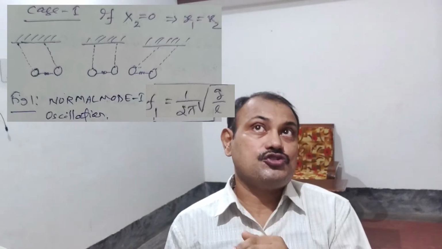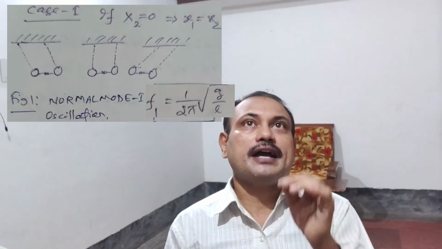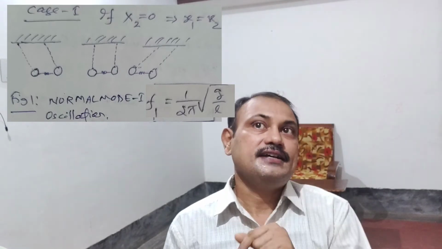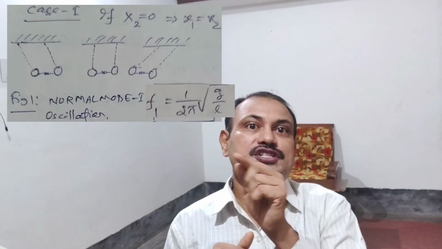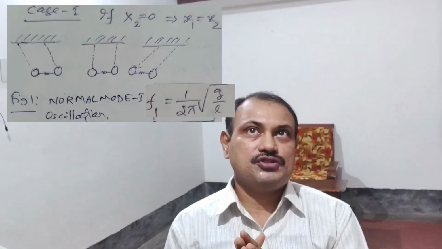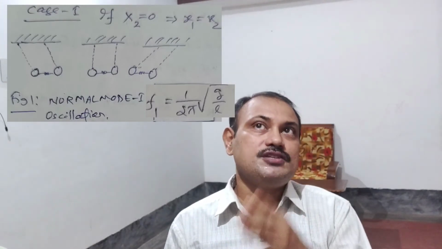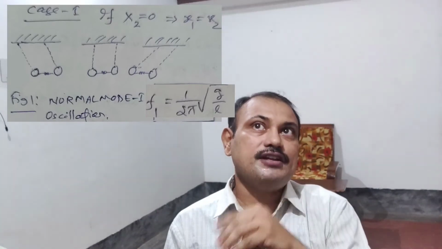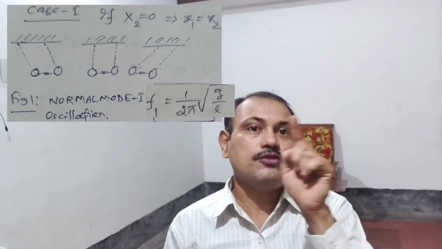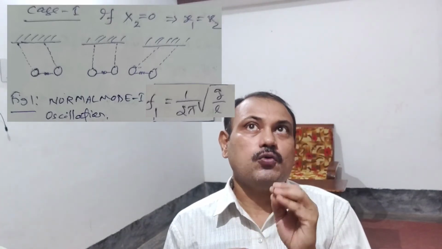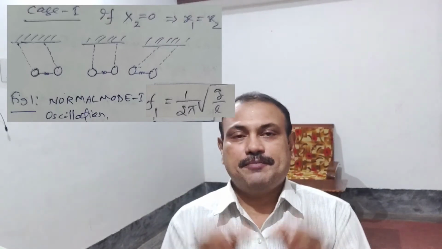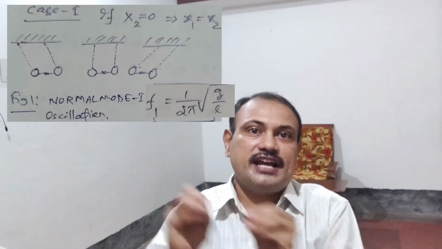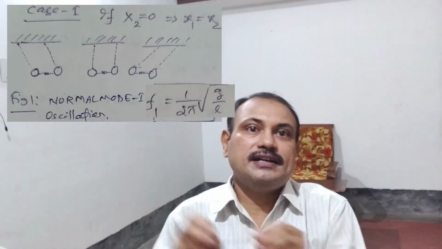This kind of vibration we call normal mode vibration 1. Here the normal frequency is the same as the frequency of each individual pendulum, that is f1 equal to 1 by 2 pi square root of g by L. This is the case when the displacements of the individual pendulums are exactly the same. That means they move together, just like two pendulums oscillating independently.